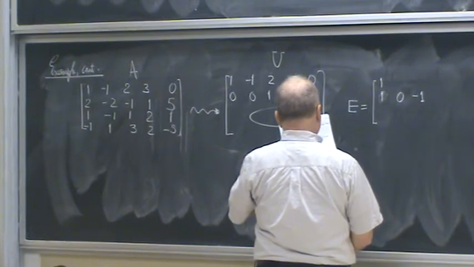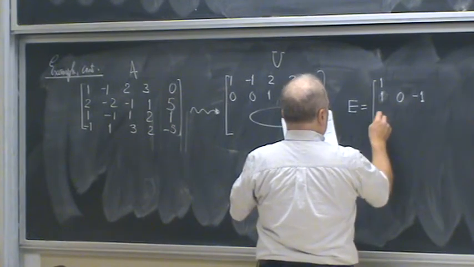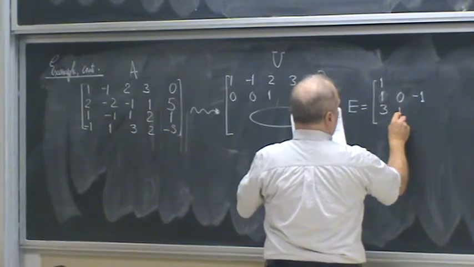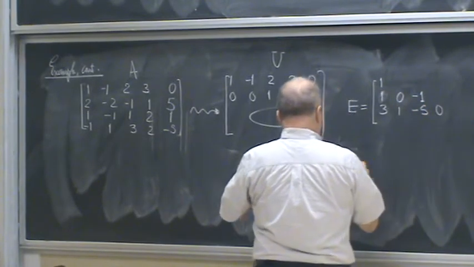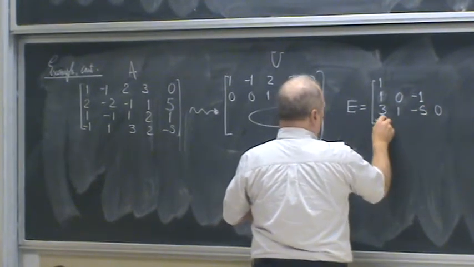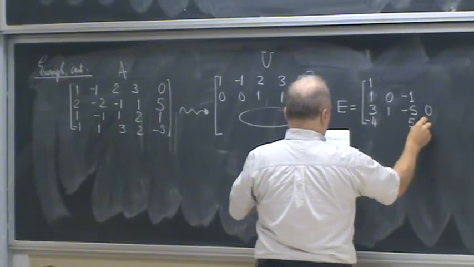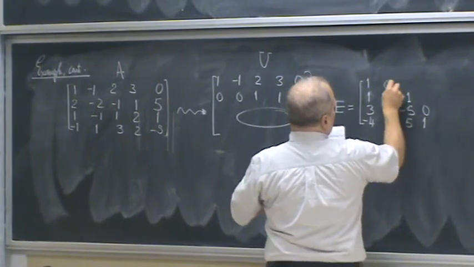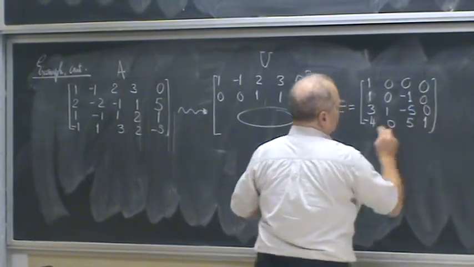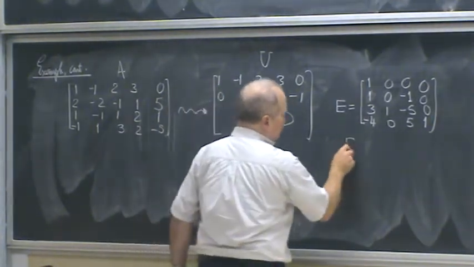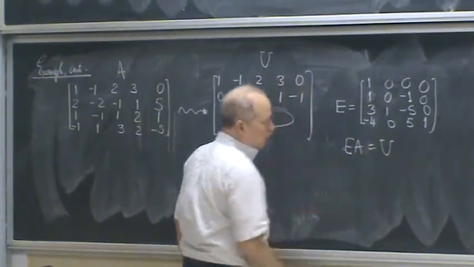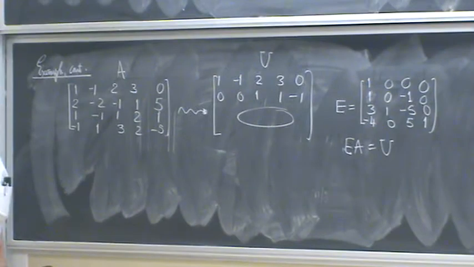Huh, is that what it was? Yeah. 3, 1, -5, and then -4, 5, 1. So we had this matrix times A is the echelon form. Is that agreeing with what you have?